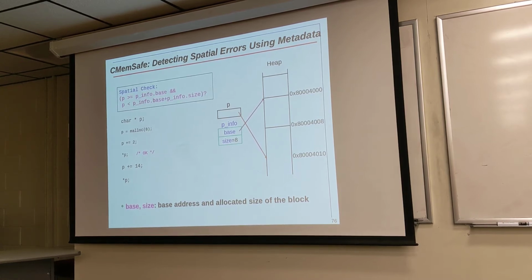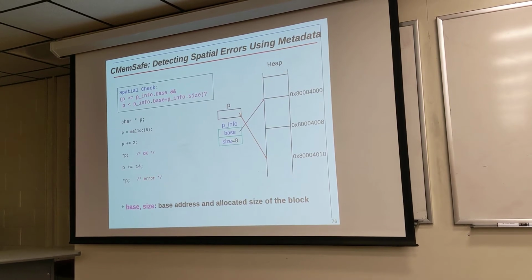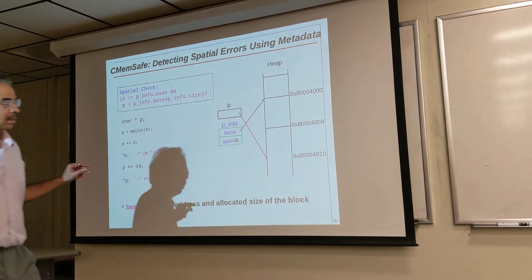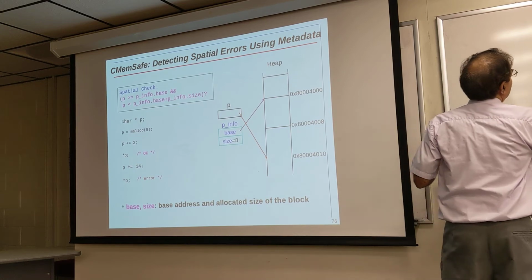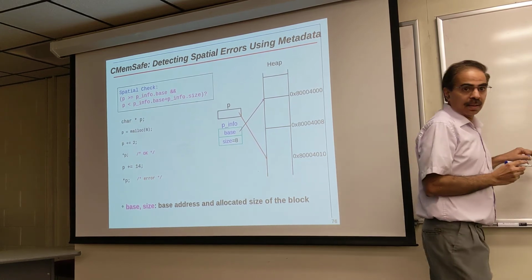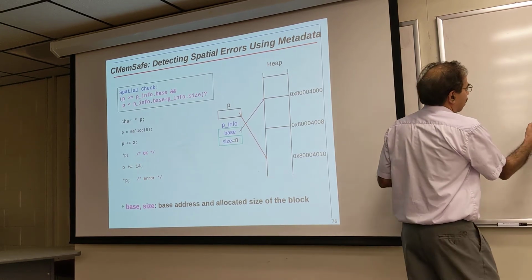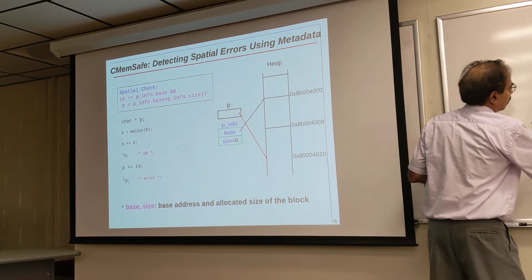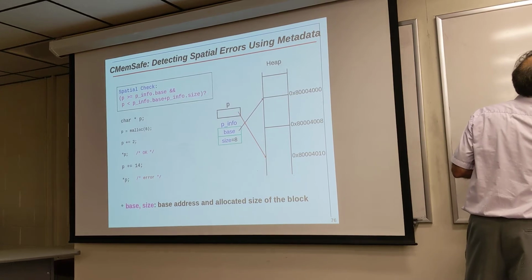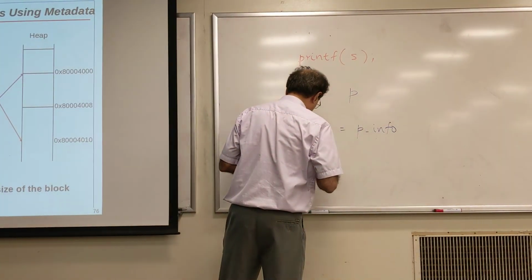Okay. Now I don't know whether there is another example. No, there's no example. But let's say you have a Q equals P. Immediately you'll have to also set the metadata, right?